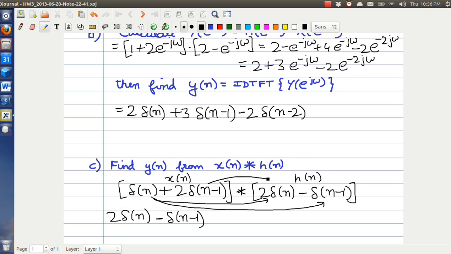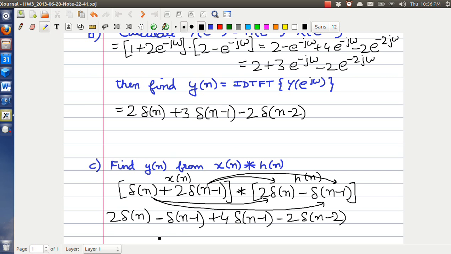Then doing these two, we get 4 times delta n minus 1, since the delta function convolved with anything is that same function. Then finally these two, both of them are shifted delta functions, so the shifts will just get added together, so that's negative 2 delta n minus 2.